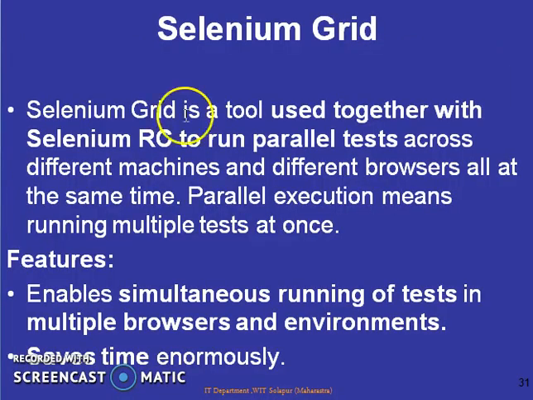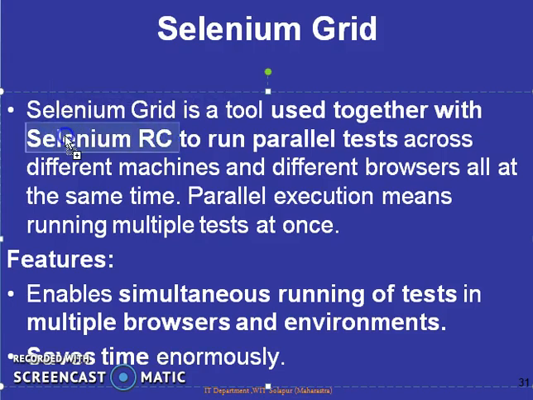So next is the last test suite, that is Selenium Grid. Selenium Grid is a tool used together with Selenium RC to run parallel tests across different machines. Okay, so this is the second version, that is Selenium RC, or we can call it Selenium 1.